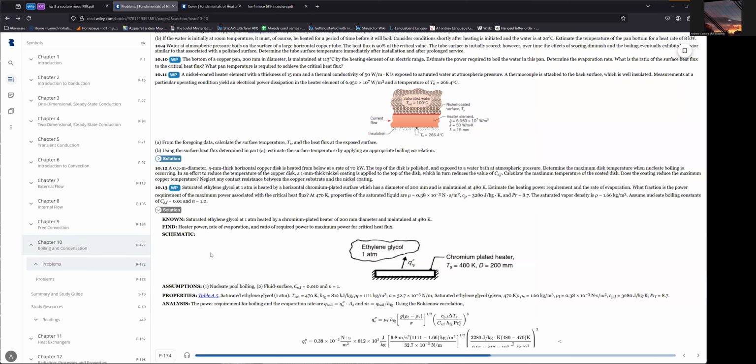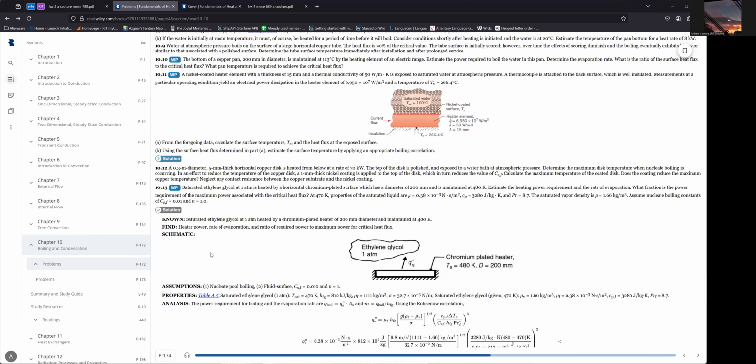You essentially have a saturated ethylene glycol pool above a heated plate of diameter 200 millimeters, which is maintained at 480 Kelvin. The question is asking, what is the power requirement to maintain evaporation in the ethylene glycol pool above the plate?